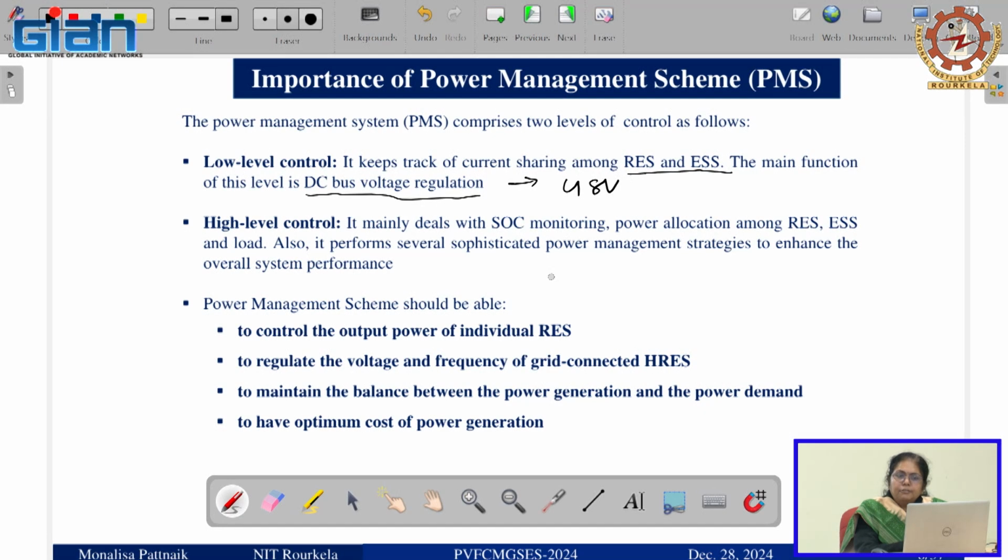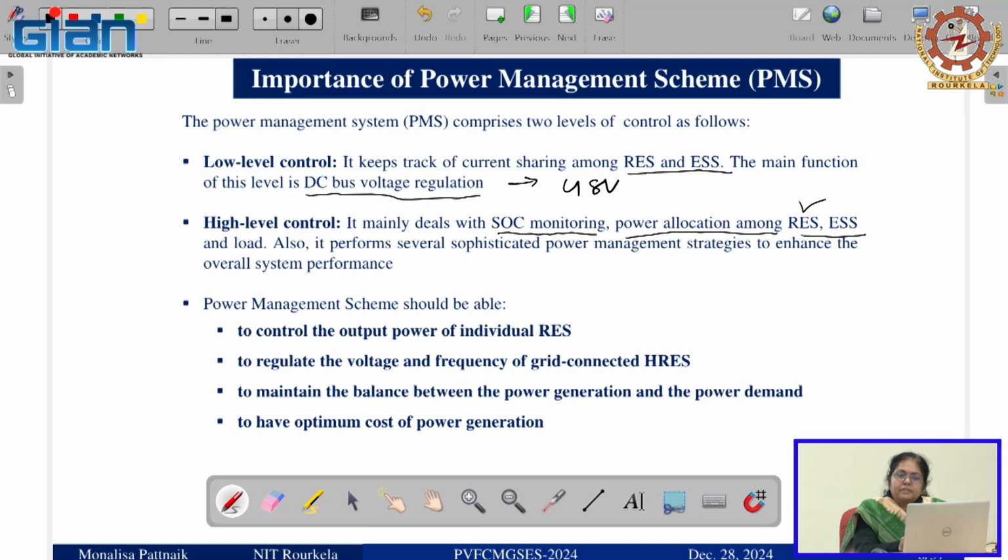Then in the higher level of control, what exactly will we be doing? We have to monitor the SOC, meaning protection of the system. Many sophisticated power management systems can be built, but in the initial stage we have tried to monitor the SOC and allocate the power among the available RES and the energy storage system.